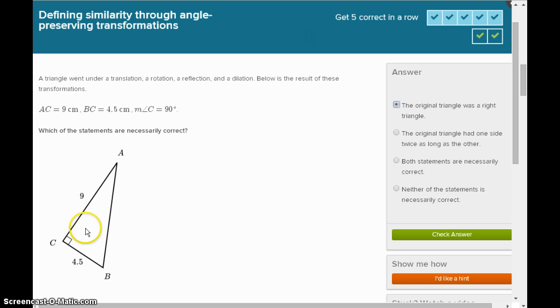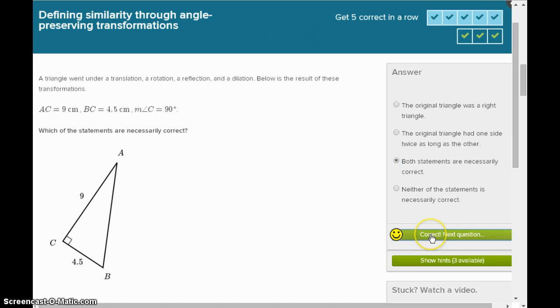And remember, this is something you may not be aware of, but similarity transformations preserve the ratios of the original side lengths. So 9 to 4.5 is 2 to 1, right? So the original triangle would also have had one side twice as long as the other. So both statements are necessarily correct. Okay, and that is where I'll stop.